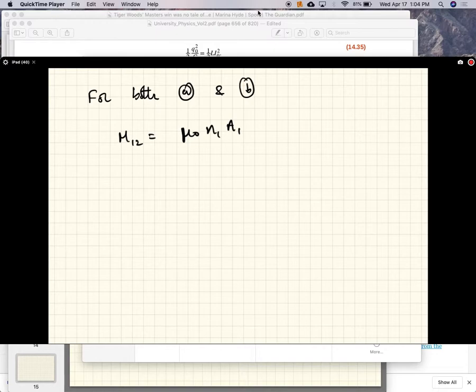So now we'll calculate this. Mu naught is 4 pi times 10 to the minus 7 Tesla meter divided by amp. N1 is the number of coils per length for the first coil.